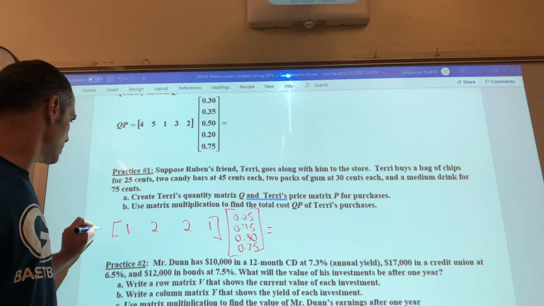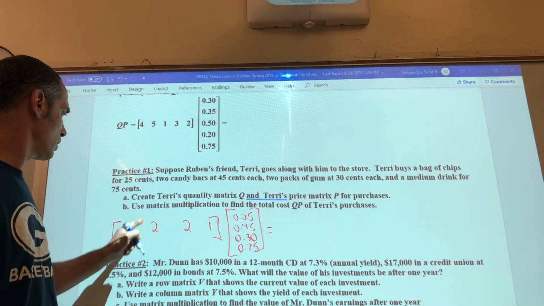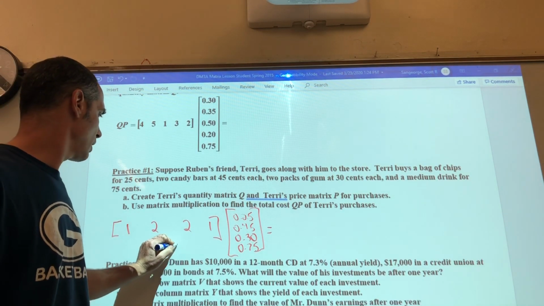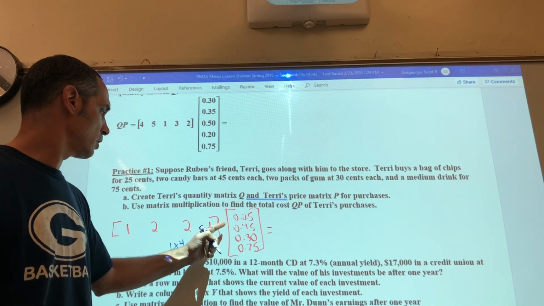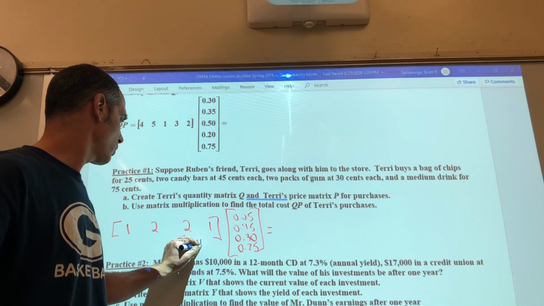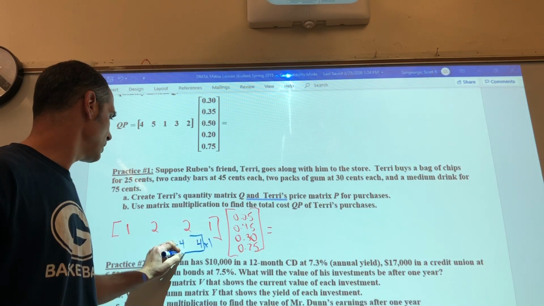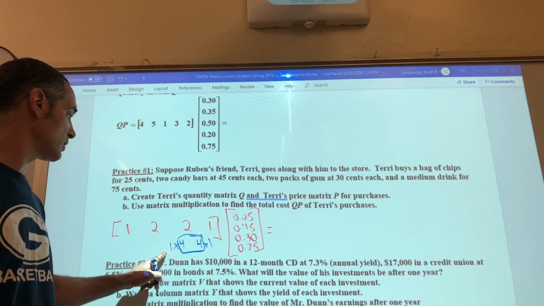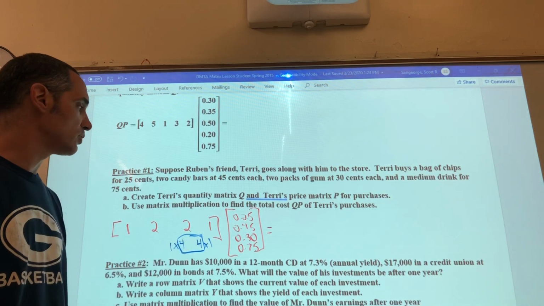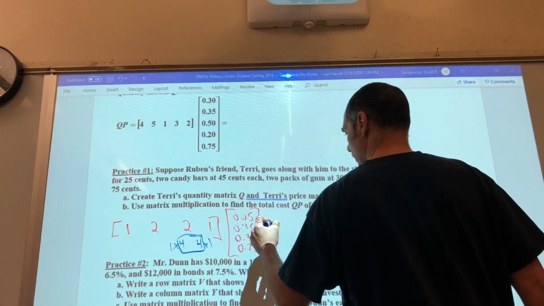This is 1 row and 4 columns, so 1 by 4. And this is 4 rows, 1 column, so 4 by 1. The middle numbers match up, so we can multiply. Our resulting matrix is going to be a 1 by 1 matrix, and so we're going to multiply these.